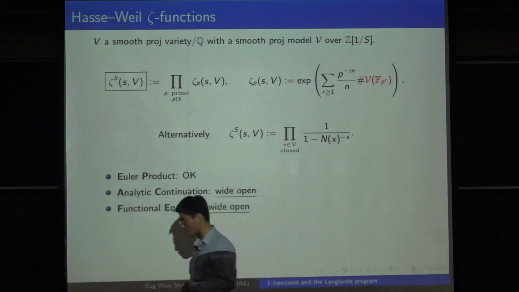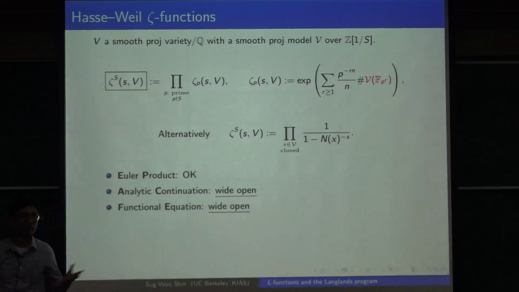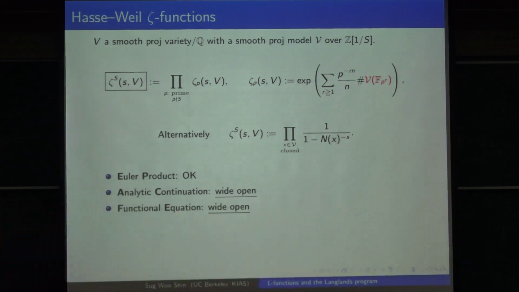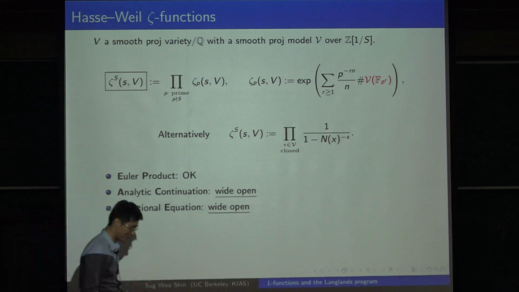And what about the three properties? Well, the Euler product, as in the case of Artin L-functions, is okay by definition. In fact, I think this definition was influenced by Artin's definition, defining an L-function as an infinite product rather than an infinite sum. And the analytic continuation and functional equation are wide open.